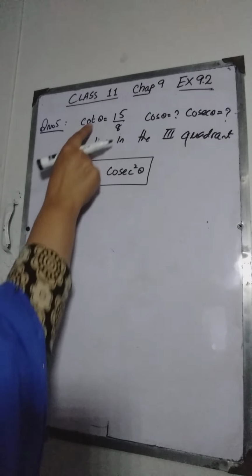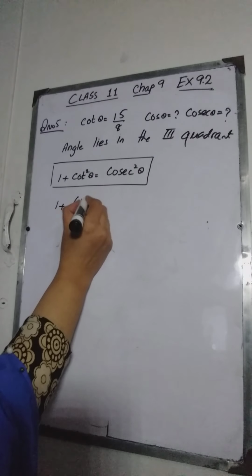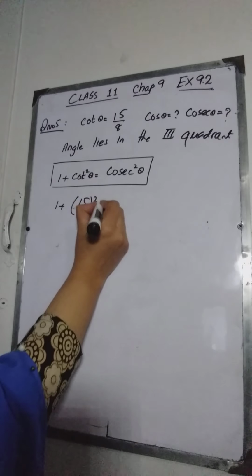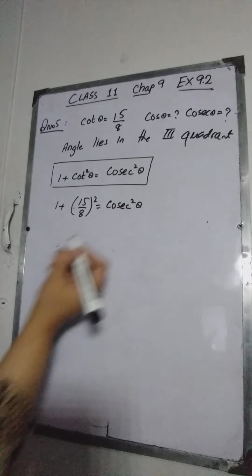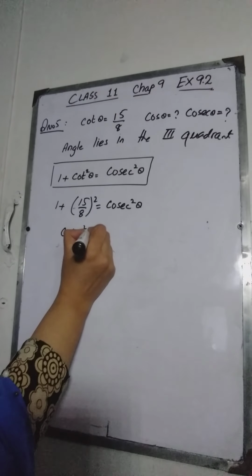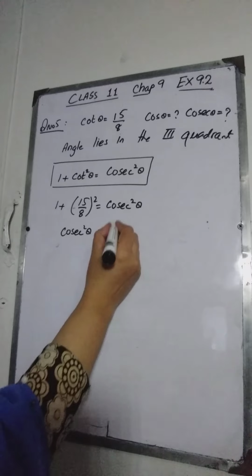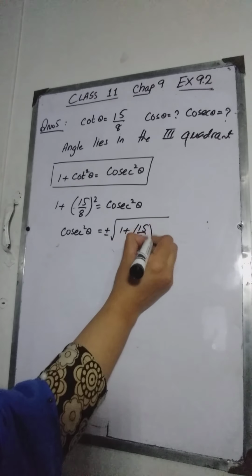Now putting the value of cot theta in it, we will have 1 plus 15 by 8 whole square is equal to cosecant square theta. It means that cosecant theta will be plus minus the square root of 1 plus 15 by 8 whole square.